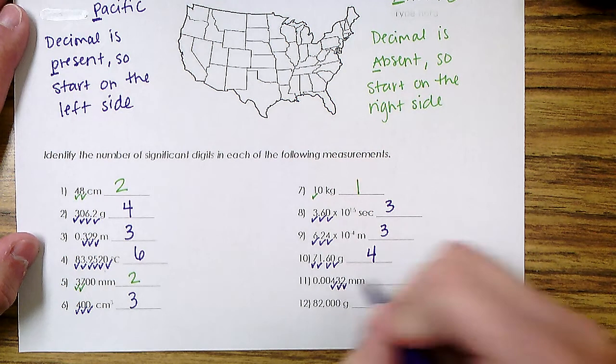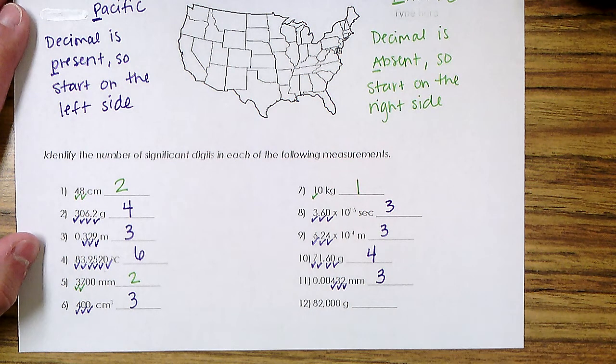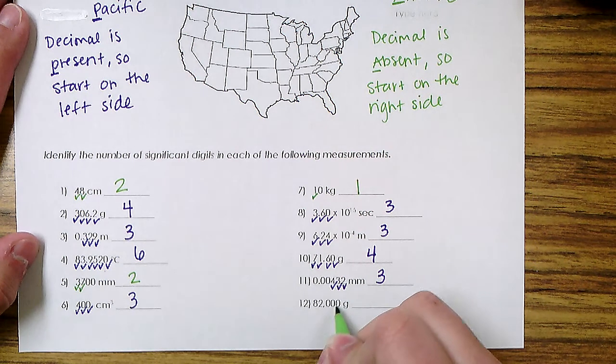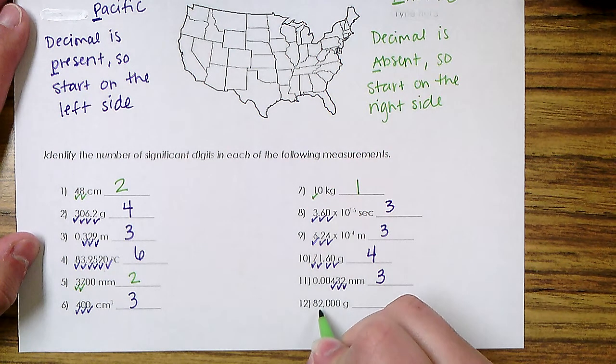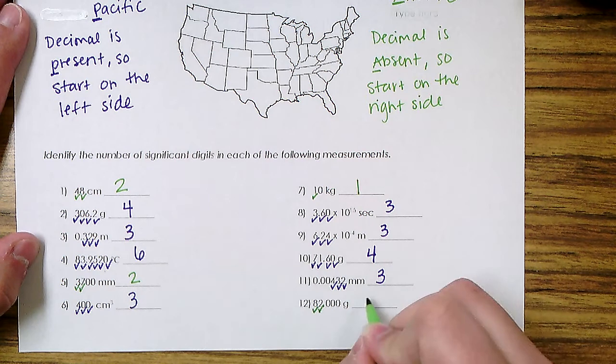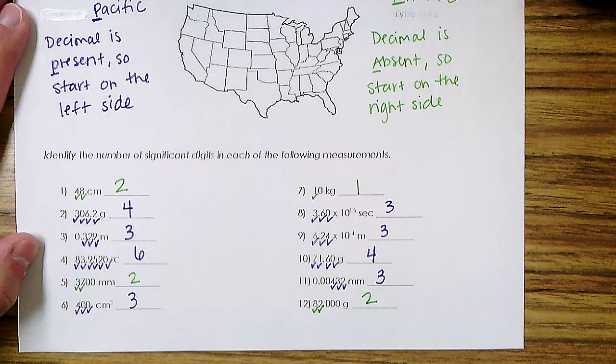So 1, 2, 3. And last example on here is number 12. There's no decimal, so it's absent. We're going to follow our Atlantic rule and start on the right. So 0, 0, 0. 2 is my first non-zero number. Everything else in that direction, so again, I'm moving my hand from right to left, is significant. So we have 2 sig figs.